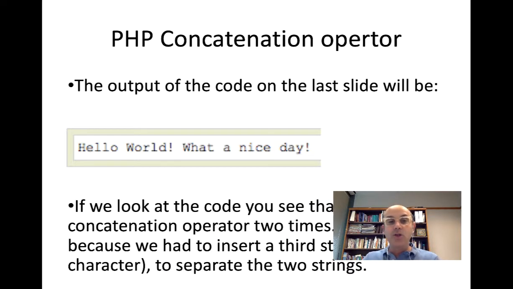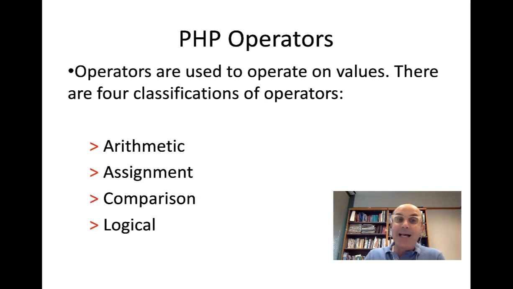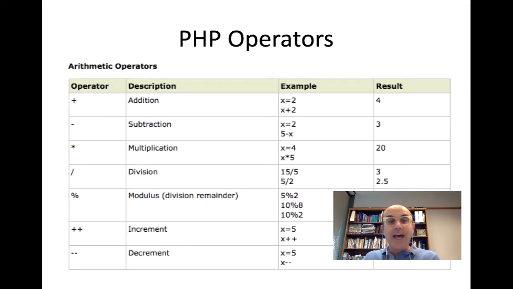In order for us to do that, we have the PHP operators, which have a lot of functionality that we will go over next time. But this is the idea of what it operates. It has the ability to do mathematical calculation, assignment, comparison, and logic. What does mathematical mean?